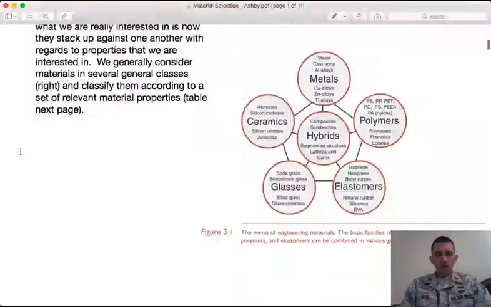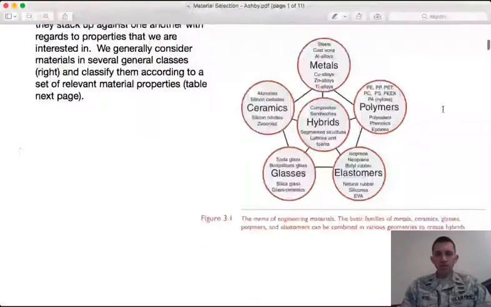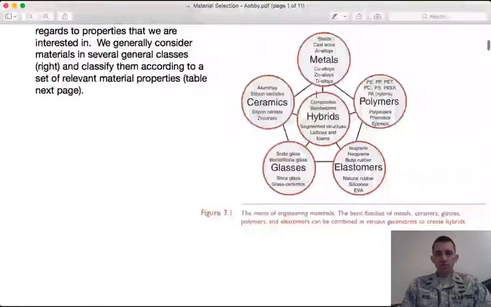And in our previous lessons, we talked about metals, ceramics, and polymers, and then composites. Here, Ashby is a little more specific in that he separates ceramics into ceramics and glasses. So you'd have sort of your more crystalline ceramics and then your amorphous ceramics.